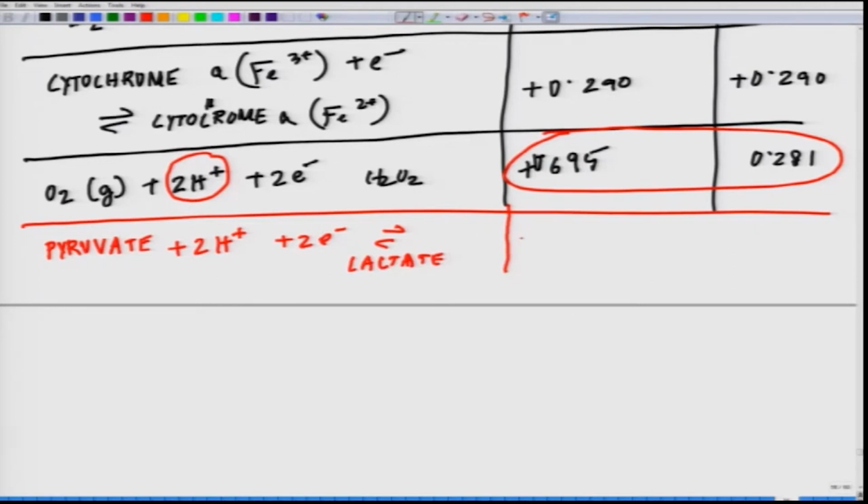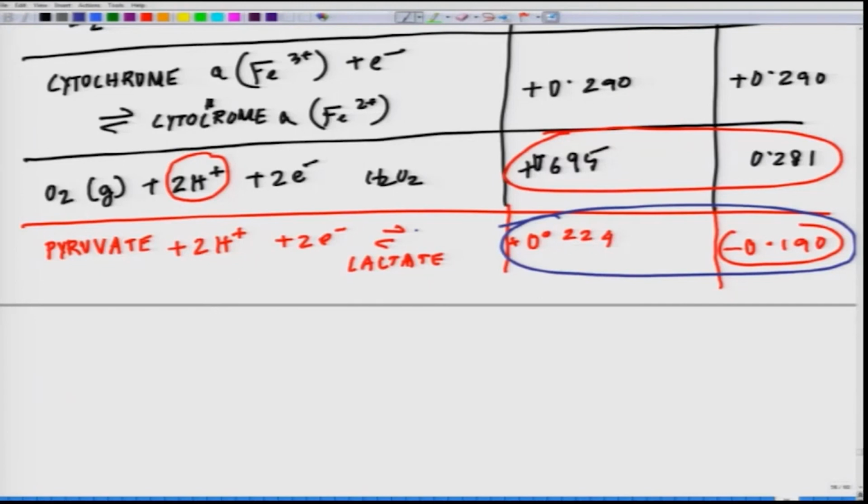Now, if you look at this reaction, pyruvate to lactate under standard reduction potential, it is plus 0.224, whereas if you use the E0 prime value, it will be minus. Now, look at this one, the difference. So, I will give you the list of all these things.